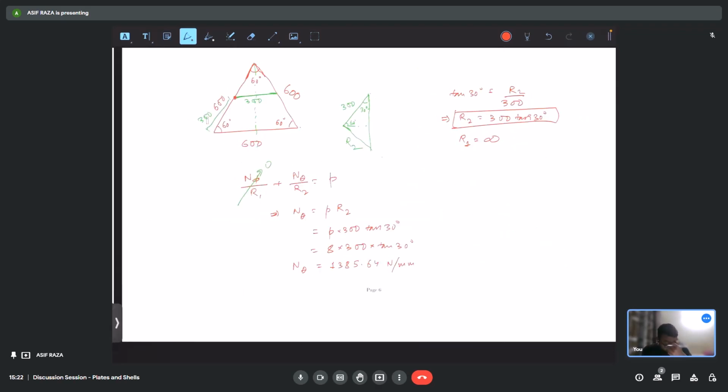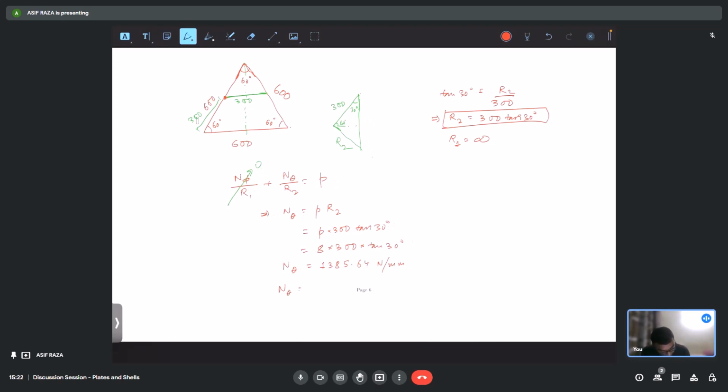Rounding it off, we'll get 1386 Newton per mm. This is my correct answer.